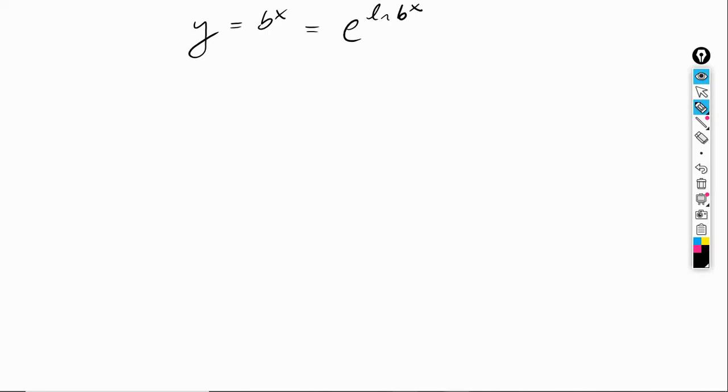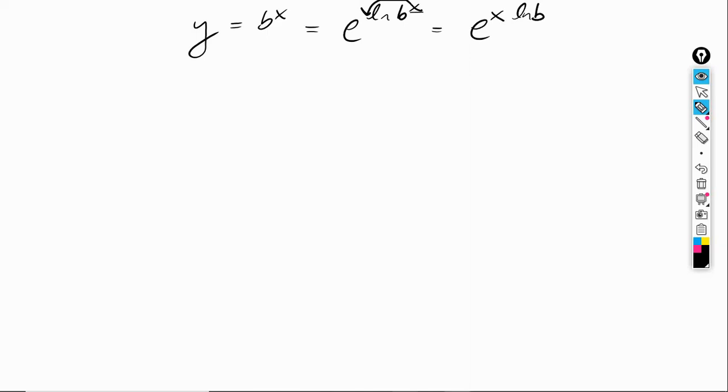This just equals b to the x. Using the properties of logarithms, this is an exponent. Remember that with logarithms, we can send this to multiply. So I can rewrite this as e to the power of x times the natural logarithm of b.